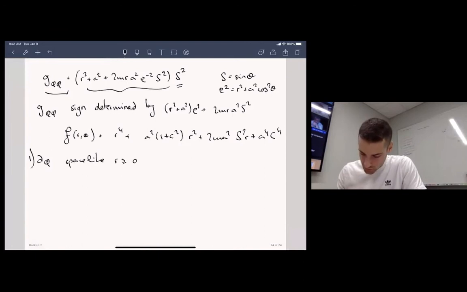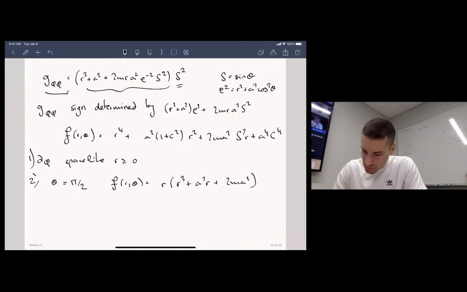So that's observation 1. Observation 2, take theta equals pi over 2. So we're probing the equatorial plane. Then in fact, f of r theta becomes r times r cubed plus a squared r plus 2m a squared.